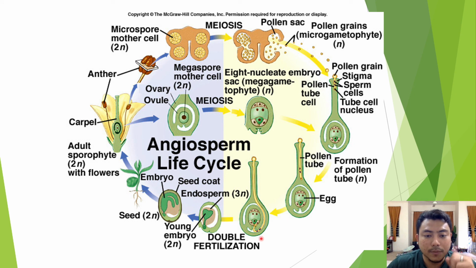Until the process of double fertilization, where one of the sperm fertilizes the egg, the other sperm fertilizes the polar nuclei. Okay, so then this ovule will later become the seed. So this is the young embryo that will later turn into the plant, and the endosperm is this structure here.